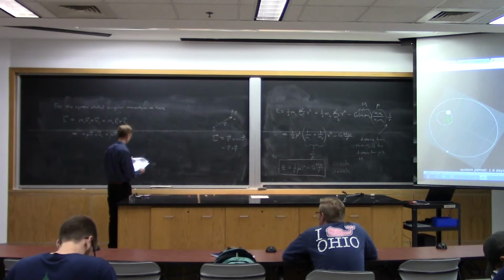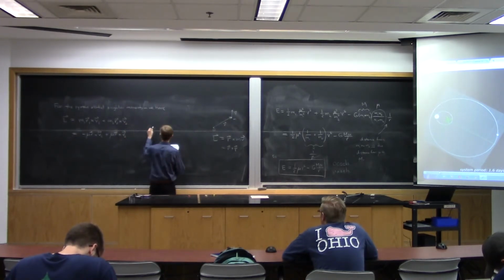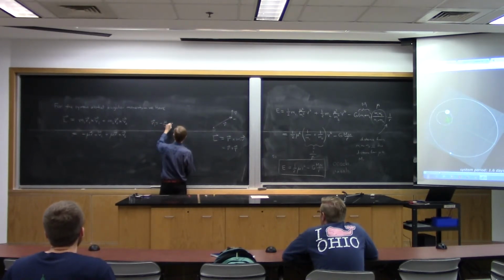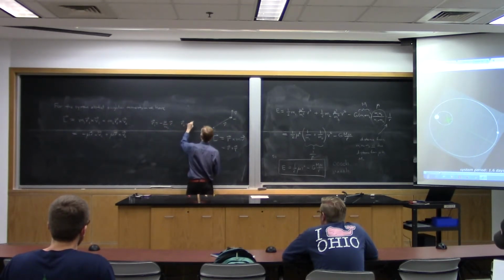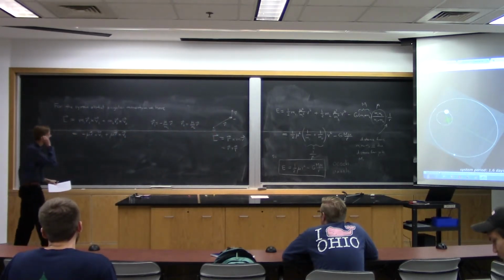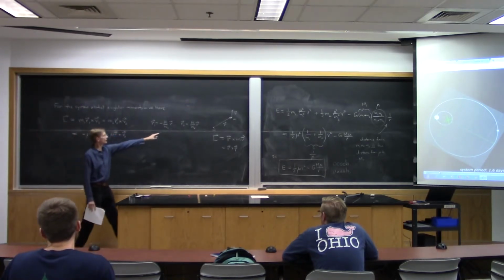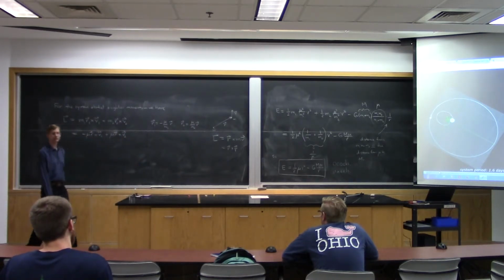And that refers back to our earlier relations that r1 was minus mu over m1 times r, r2 was mu over m2 times r. So therefore, m1 r1 is minus mu r, and m2 r2 is mu r. So I'm just plugging those into that relation.